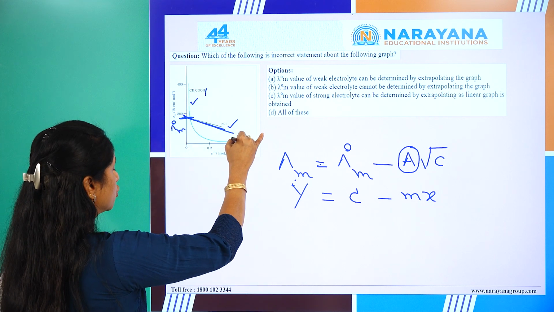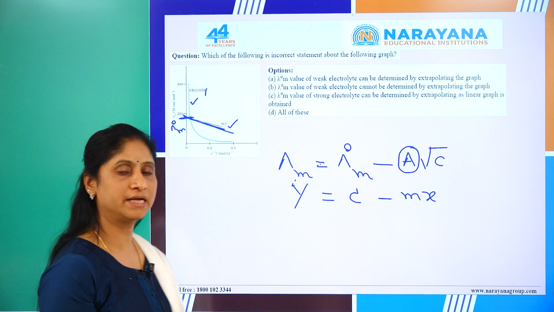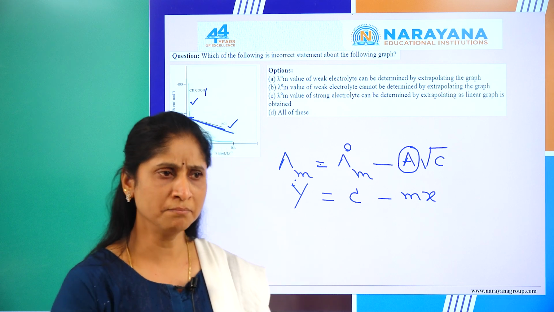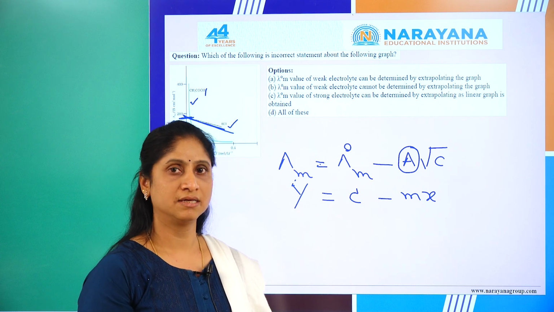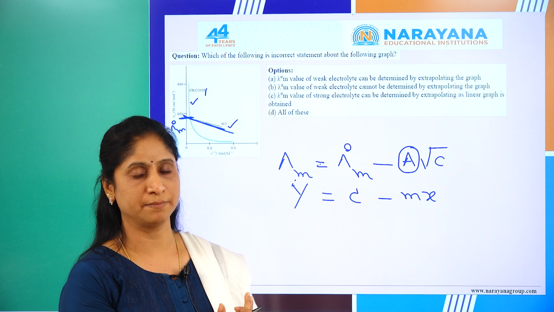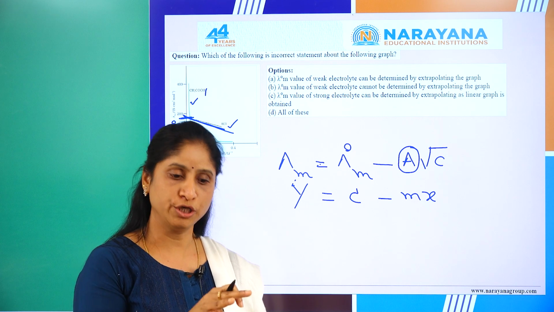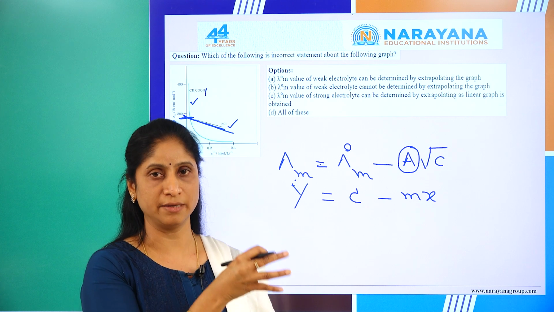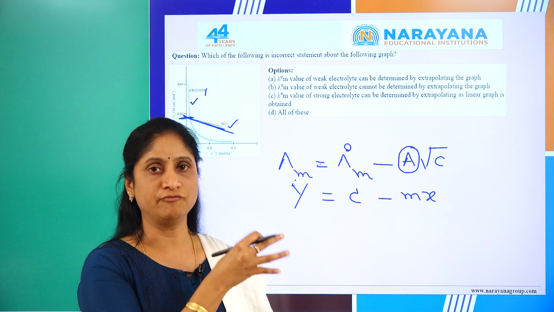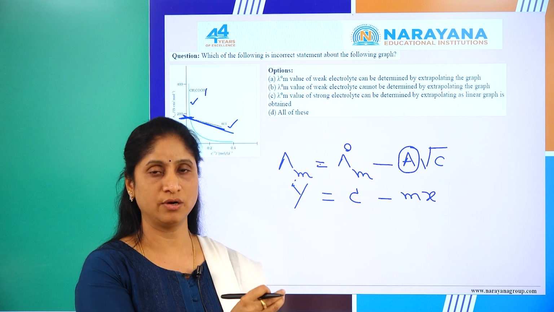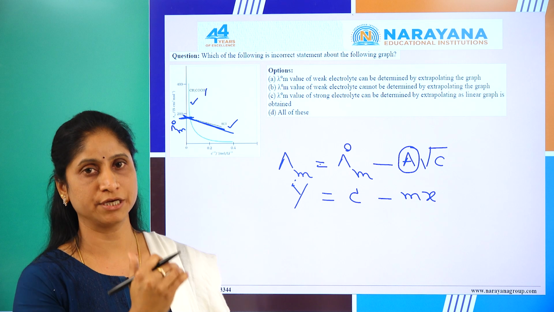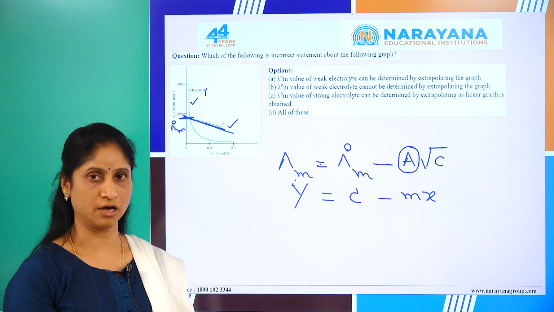So by extrapolating to the y-axis, I cannot predict the maximum limiting molar conductance of a weak electrolyte like acetic acid. That's why we use Kohlrausch law to find its limiting molar conductance.